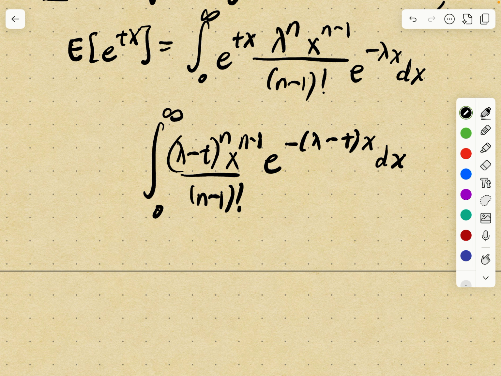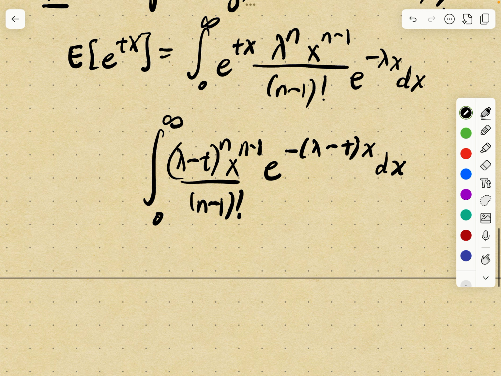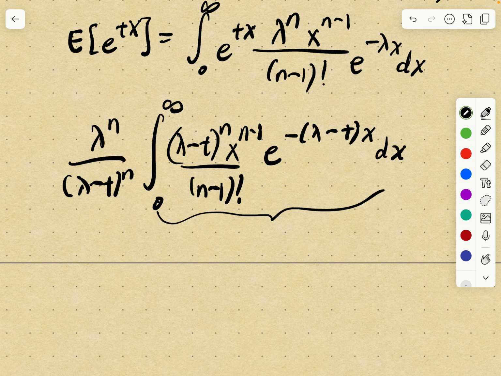Now what do you get on the outside? Well, we changed the lambda to the n to (lambda minus t) to the n. So we have to have lambda to the n over (lambda minus t) to the n out here. And we know that this integral is 1 because this is from a gamma n comma lambda minus t density.